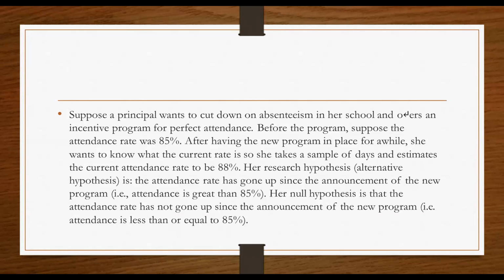But the null hypothesis is saying that there was no change. The alternative is that there was a change. So basically, that's how one would form the hypothesis. Is that right?